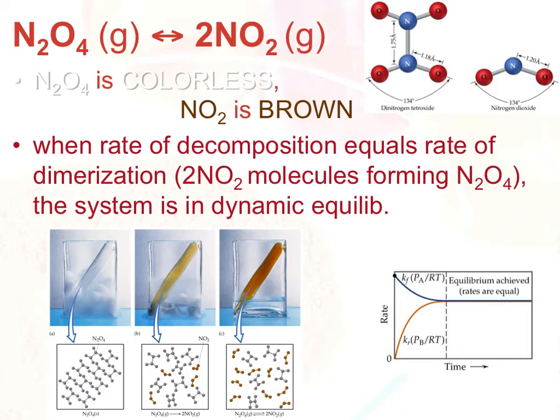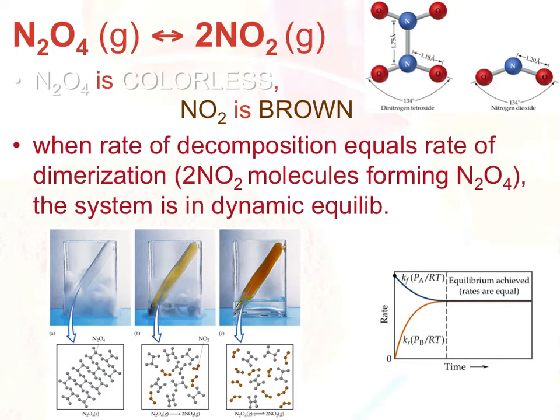What's actually happening at this point is that the rate of the forward reaction, or the breakdown into the brown NO2 gas, is equal to the rate of the reverse reaction. But the concentrations of the two remain constant in that process. So that's why we won't see a change in the brownish color if we maintain constant conditions.